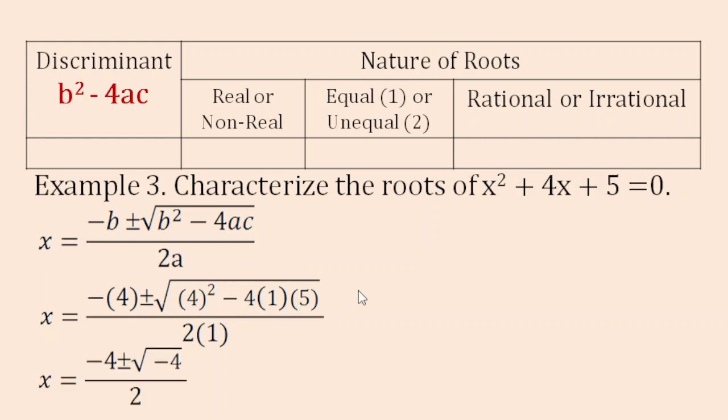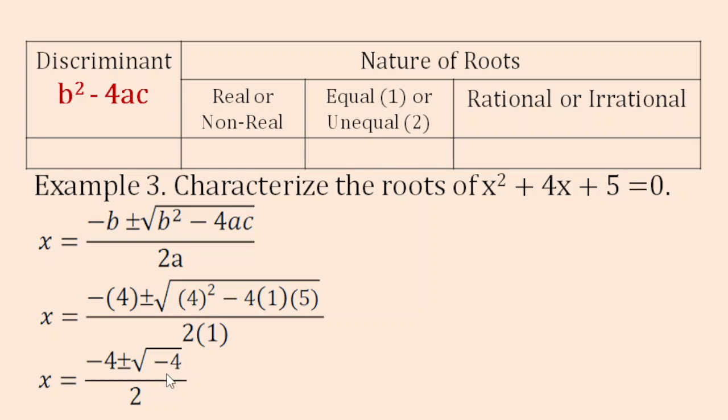And simplifying furthermore, we have negative 4 plus and minus square root of negative 4 all over 2. Why negative 4? Because 4 squared is 16. And negative 4 times 1 times 5 is negative 20. 16 minus 20 is negative 4.